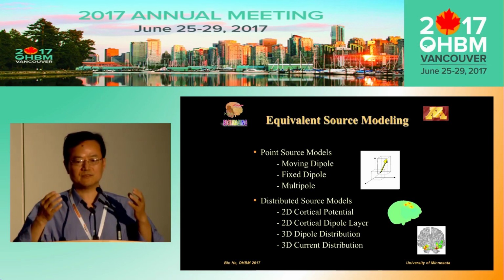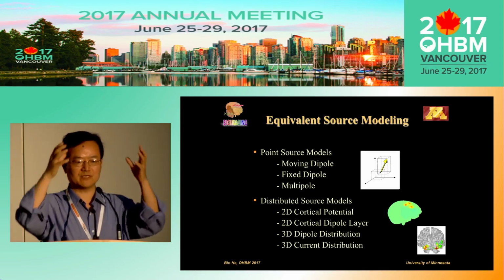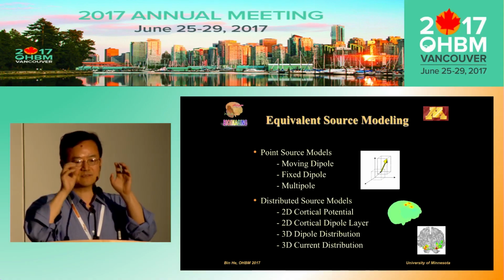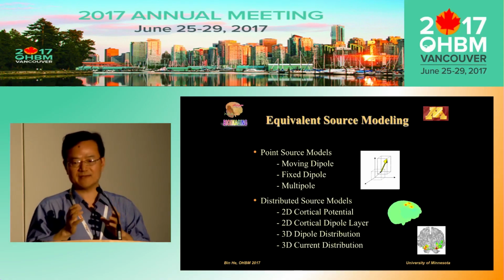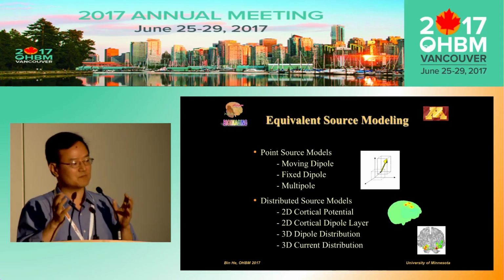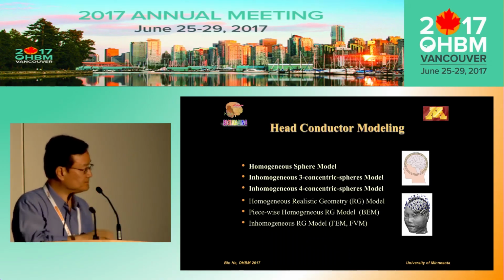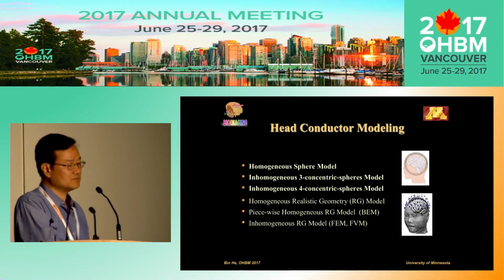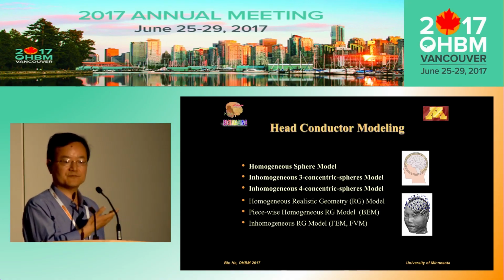Now, certainly there are two kinds of volume current source model. One is to put the entire brain; you just assume that there are current dipoles or current sources everywhere. Another is to assume these are only on the gray matter, excluding the white matter, which adds the anatomical constraint one step further.